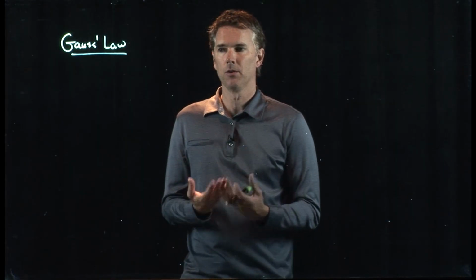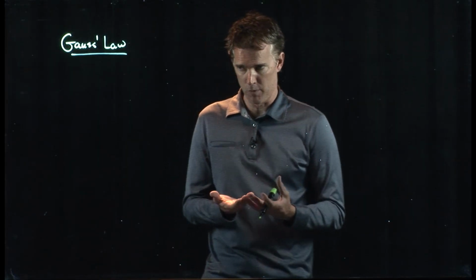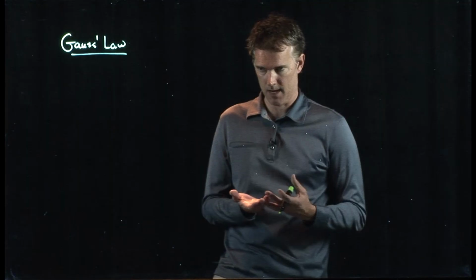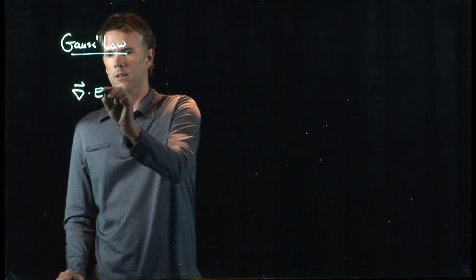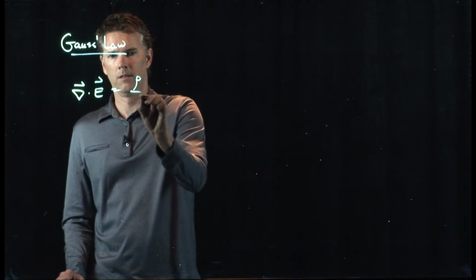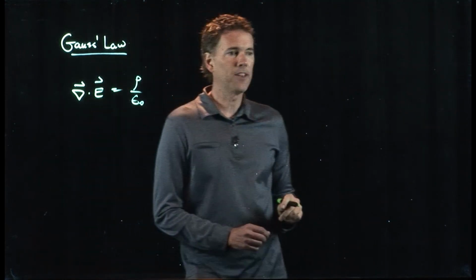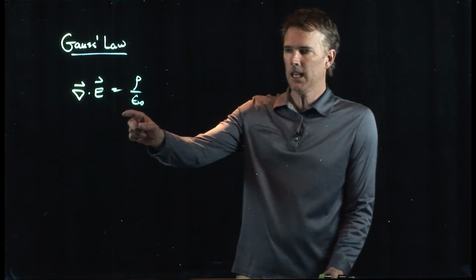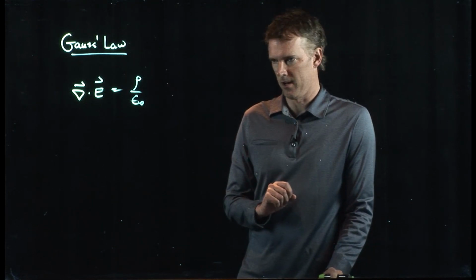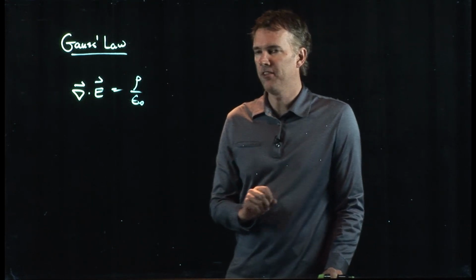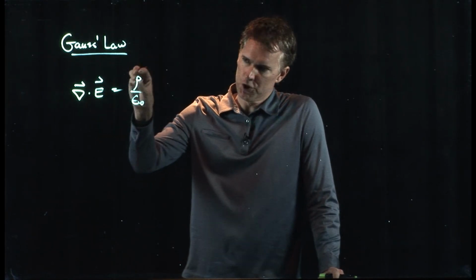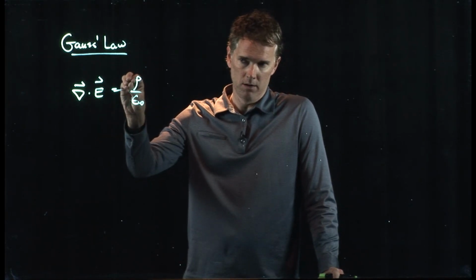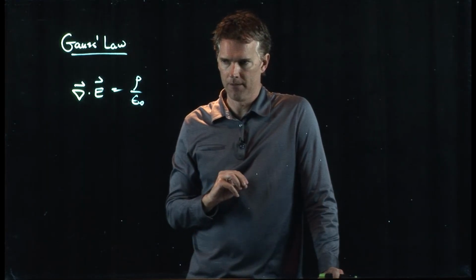If you keep going in physics, you're going to get to a very complicated form of Gauss's law. Just for fun, let me show you what it looks like. Del dot E equals rho over epsilon naught. This says the divergence of the E field is equal to the charge density rho divided by epsilon naught.